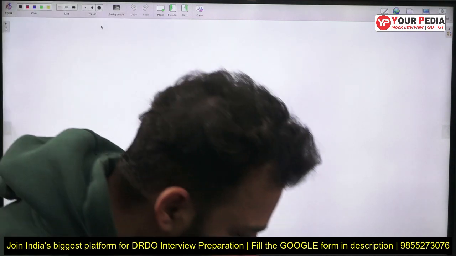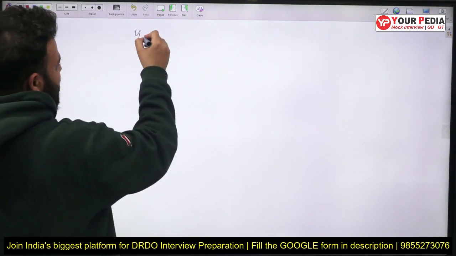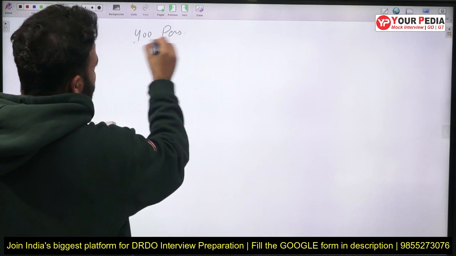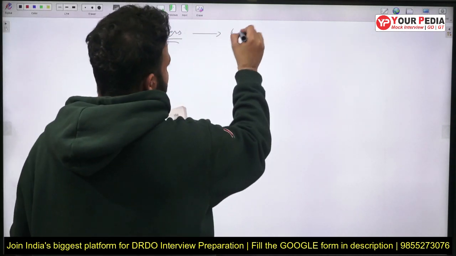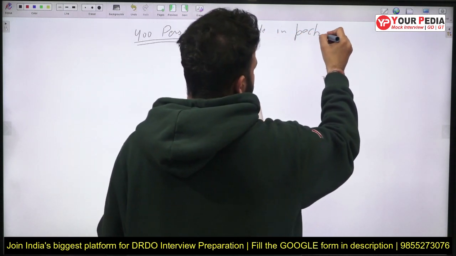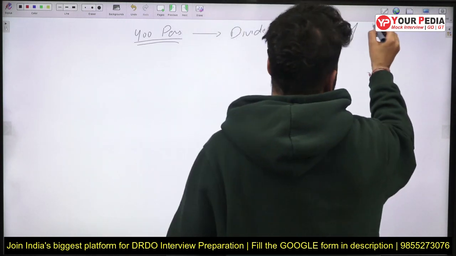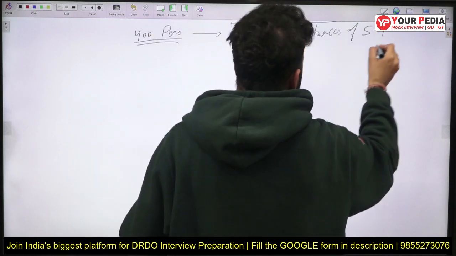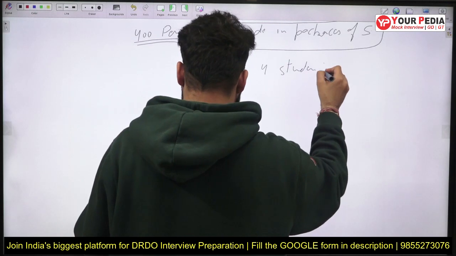So the question is, you have 400 identical pens, and you want to divide them in packages of 5. So in sets of 5, you want to divide them among 4 student groups.